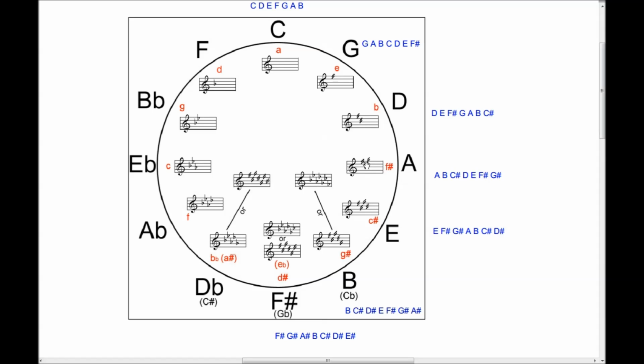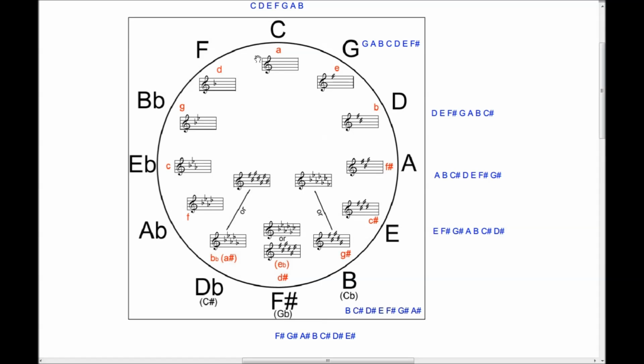So now there's 3 sharps for the A and F sharp minor. Moving to the E major, contains 4 sharps, for the C sharp minor. B major scale or the C flat major scale contains 5 sharps. So you can see there's a pattern developing as we move around the circle. We're adding an extra sharp.